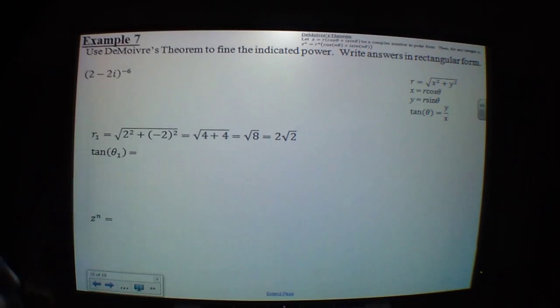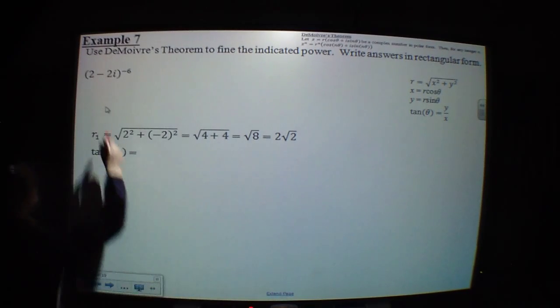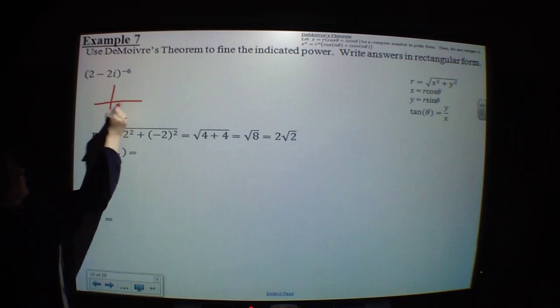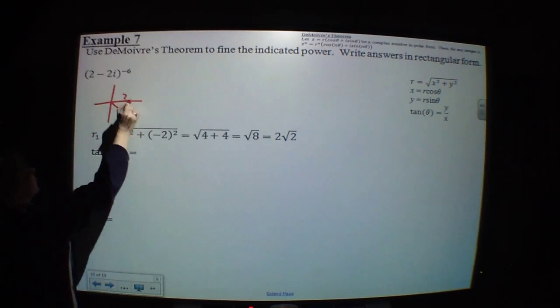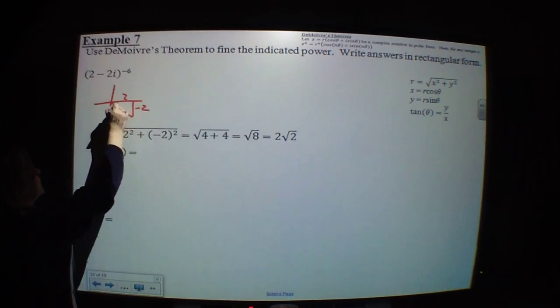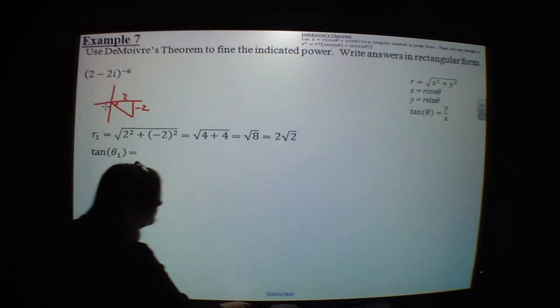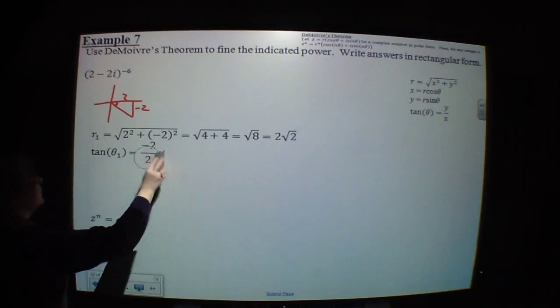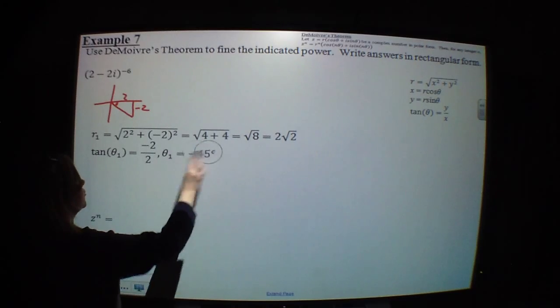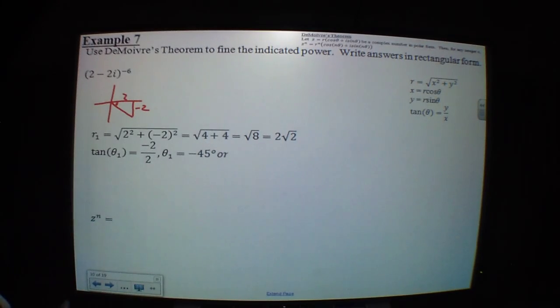Tangent of theta, 2, -2. There's my angle right there. Okay. When you put it in your calculator, it just gives you the one in the 4th quadrant, but it could end up being in the 2nd quadrant.